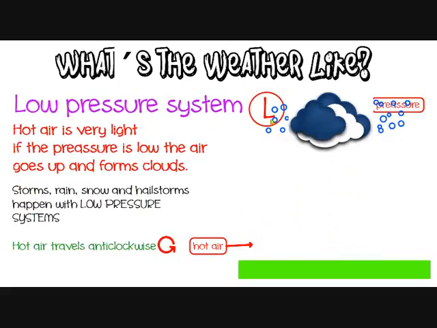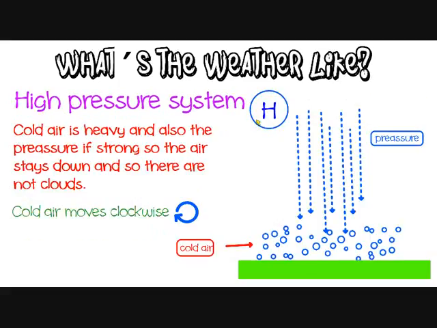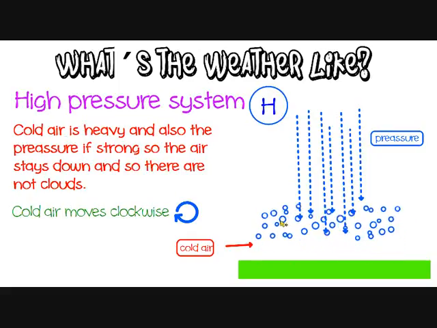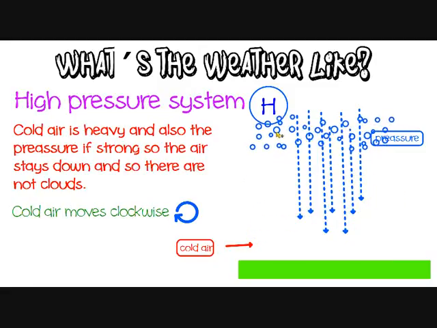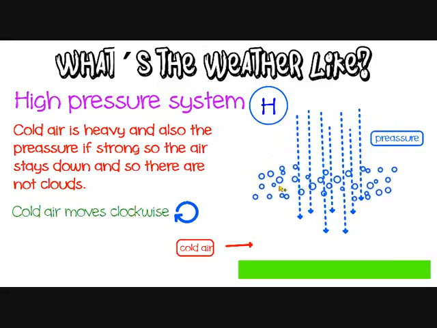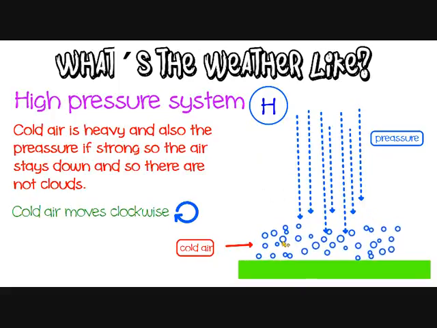So low pressure with red hot air going up, and the cold air with the H for the high pressure system. Well, cold air is very heavy, and it goes down, and it stays here because the pressure is very high in the atmosphere. Remember this one?